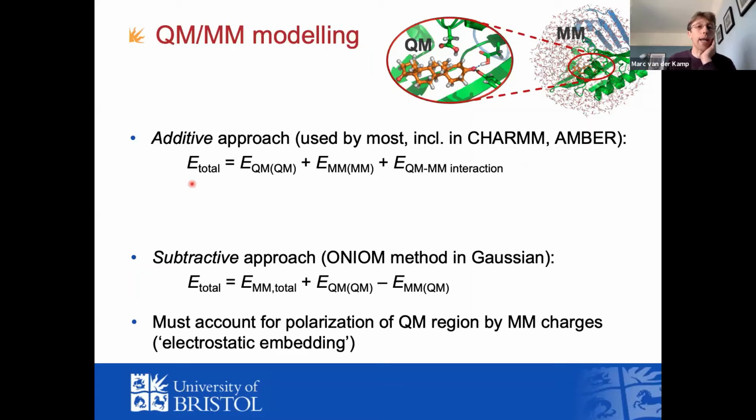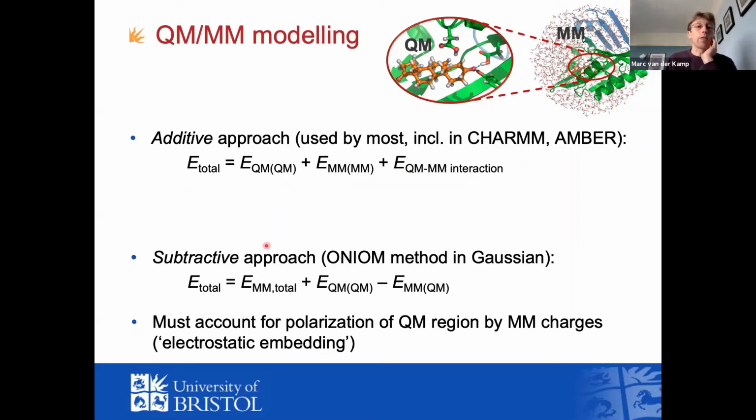So the way that works is we really just have the QM energy in the QM region and the MM energy in the MM region, and then a term that describes the interaction between these two regions.